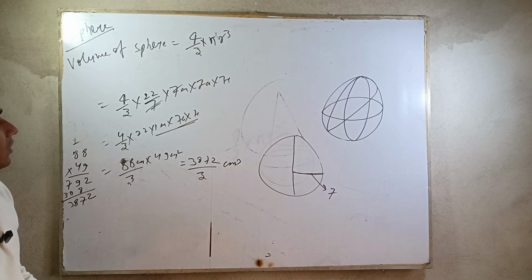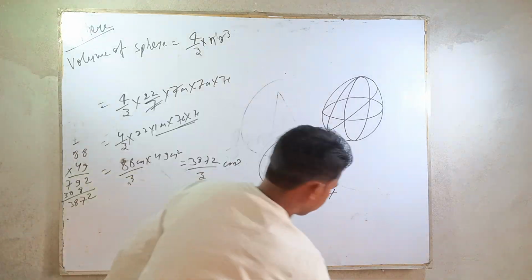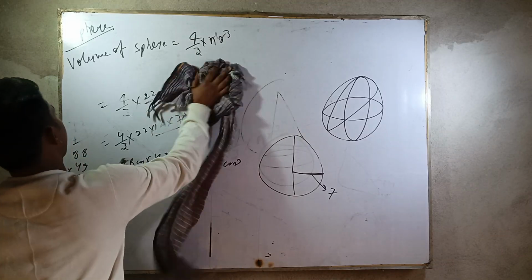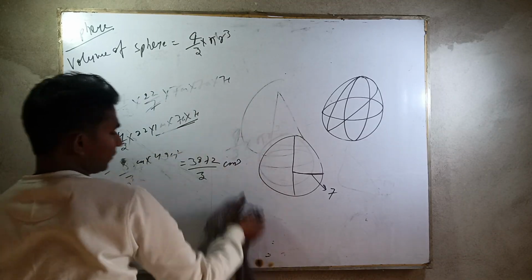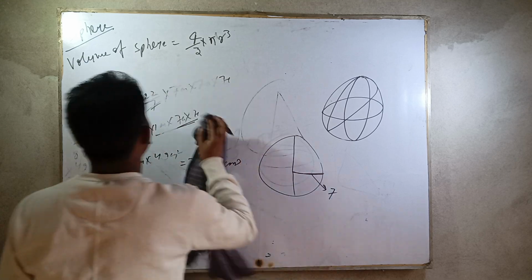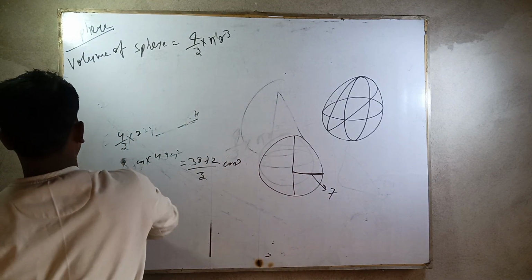This one is the volume of a sphere. Next one is lateral surface area. The total surface area of a sphere is 4 pi r square.